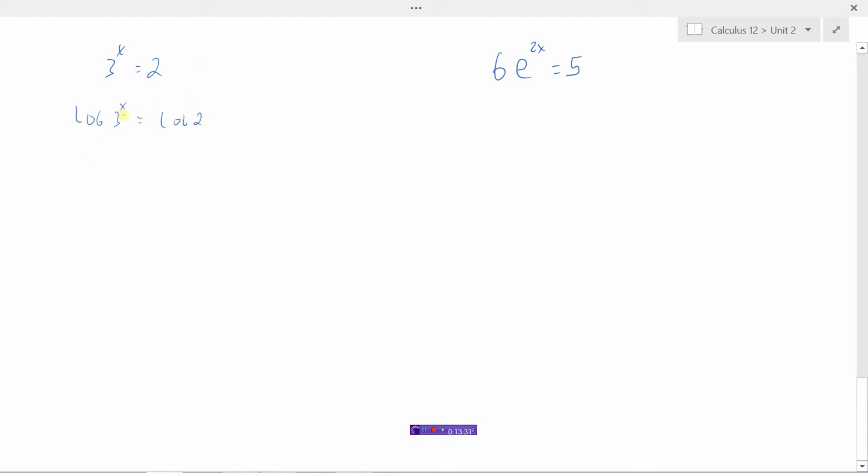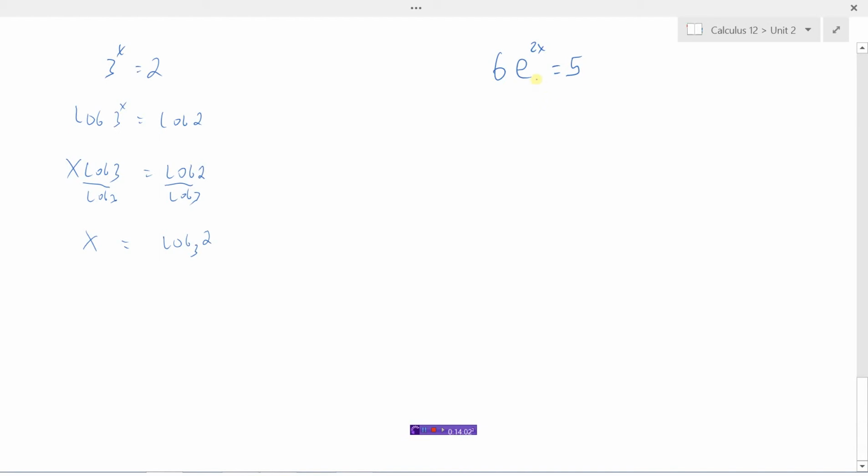So this has an exponent, I can bring that down in front. So x log 3 equals log 2. And then finally, we'll divide both sides by log 3. And we'll get x is equal to log 2 divided by log 3, which, using our logarithm laws, is the same thing as log base 3 of 2. So there's one example of solving an equation.